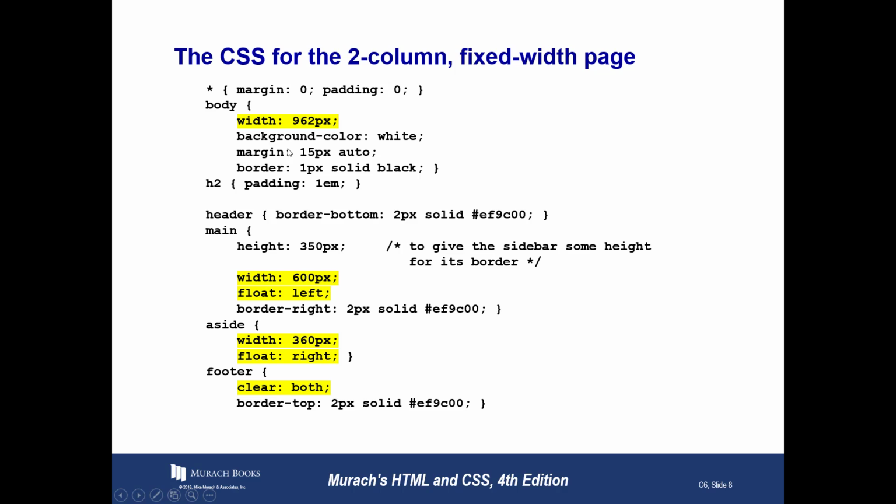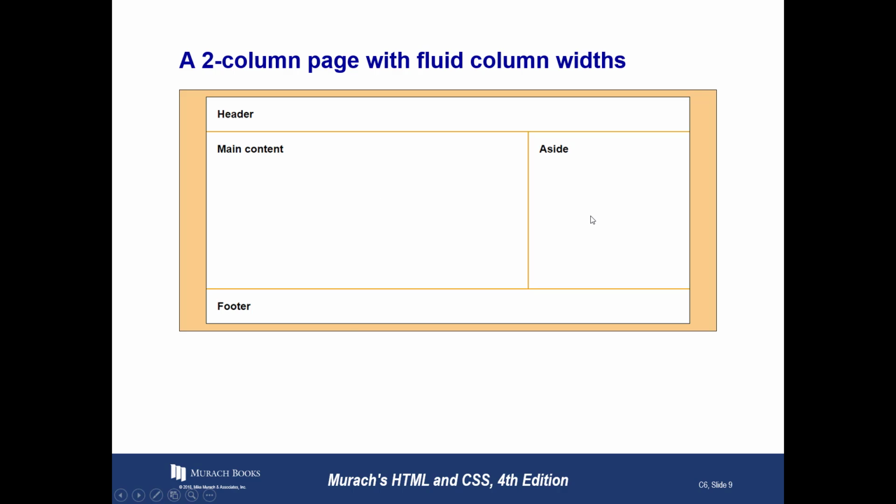The key thing is 962 pixels. 600 of them, so about 2/3, are being taken up by your main content. 360, so about 1/3, I know that's not exact calculations, are going to be taken up by the aside. So that's what you're going to have.